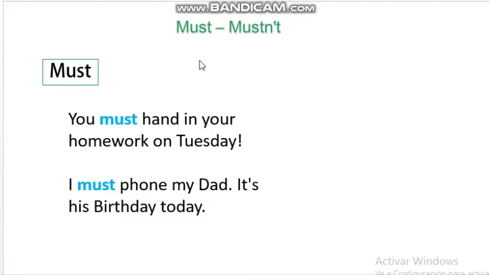You can also use must to give advice. "You must hand in your homework on Tuesday." That means that you have to give your homework to the teacher on Tuesday, because if you don't, you are going to fail.